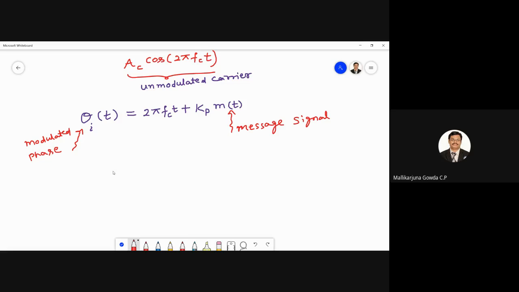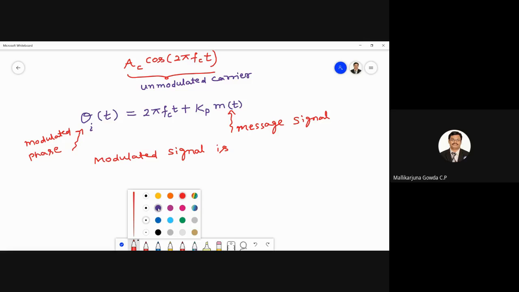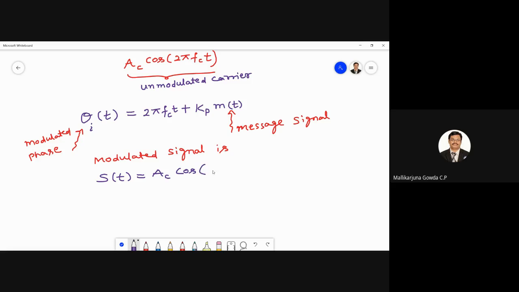So now I can write the modulated signal, that is the phase modulated signal, S of t is equal to Ac cos of theta i of t.